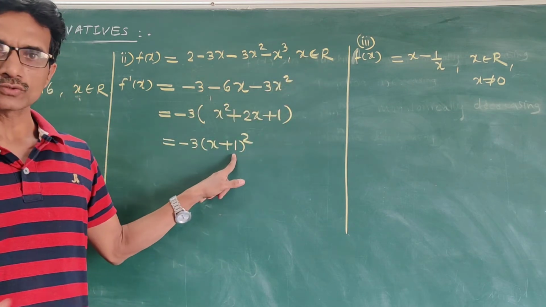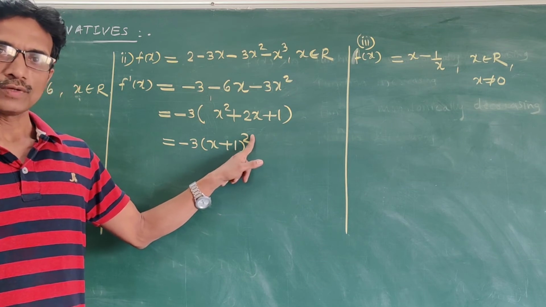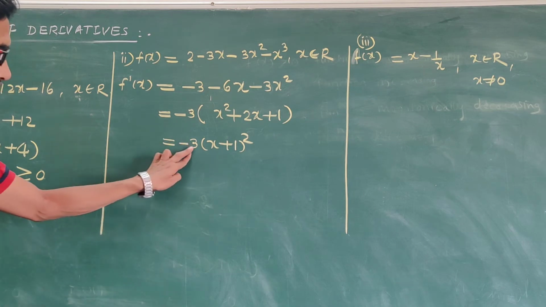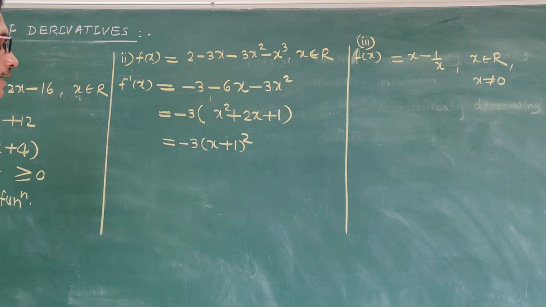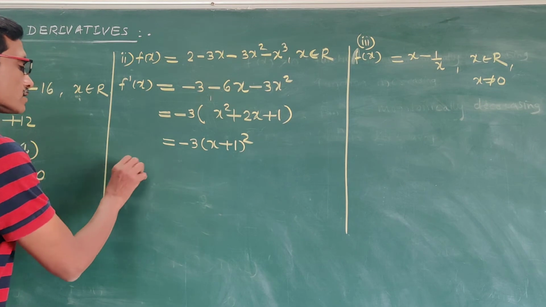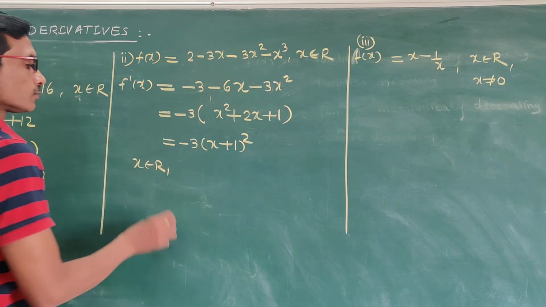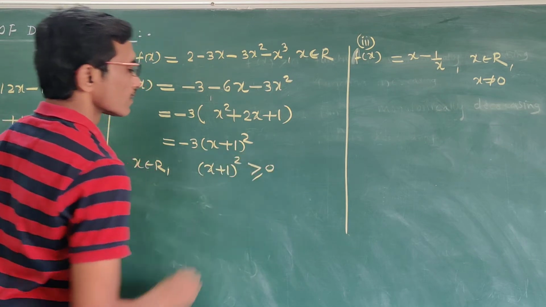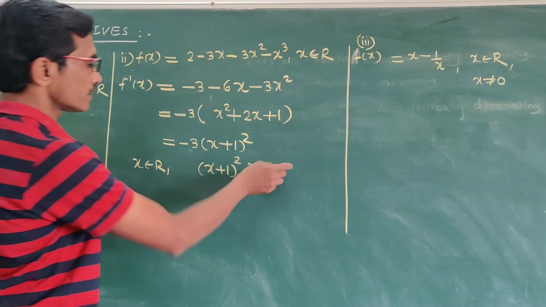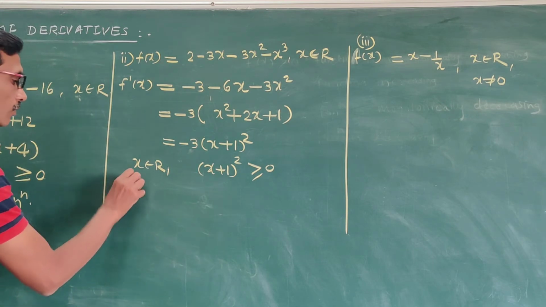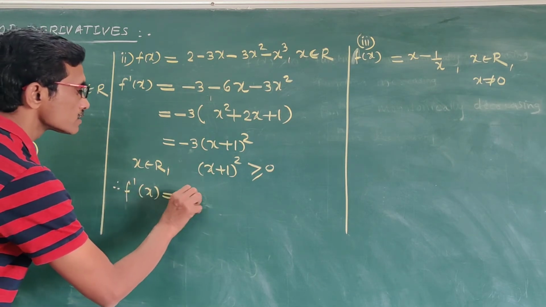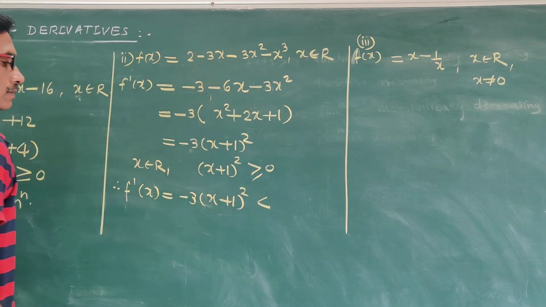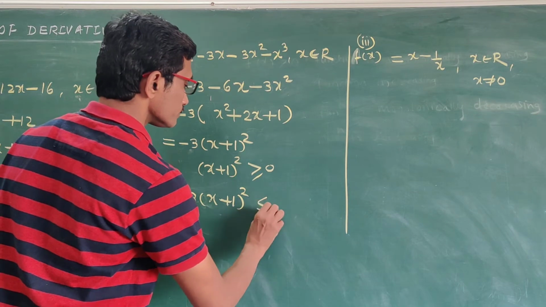As x belongs to R, x + 1 is also a real number and its square is always non-negative. But it is multiplied by −3, so the product is negative. Therefore f'(x) = −3(x + 1)² is less than or equal to 0.